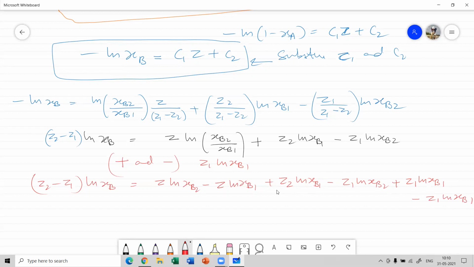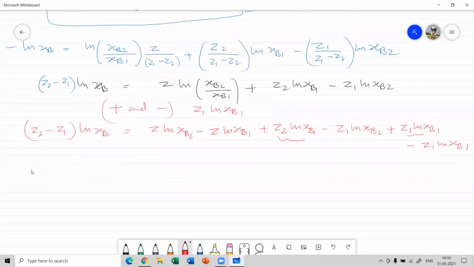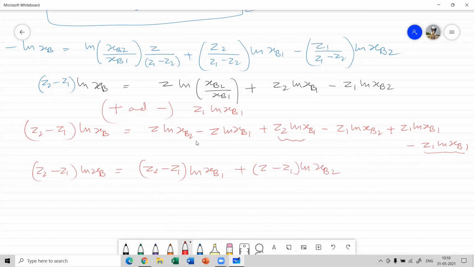So now we basically combine these two. We have z2 minus z1 ln xb equal to z2 minus z1, taking the other one, that is xp1, plus z minus z1 of ln xp2, and minus z minus z1 of ln xp1.